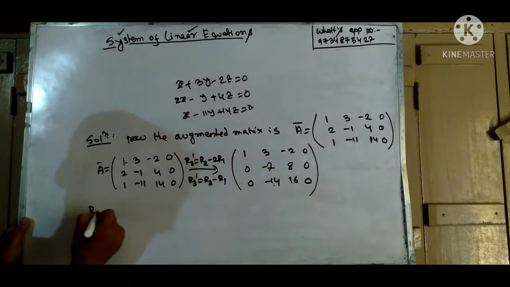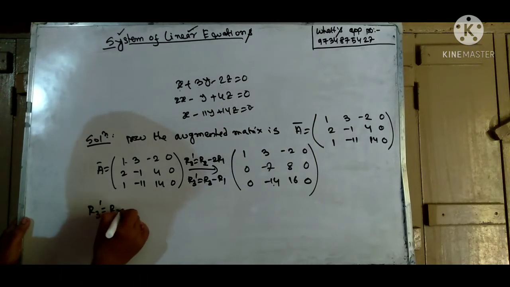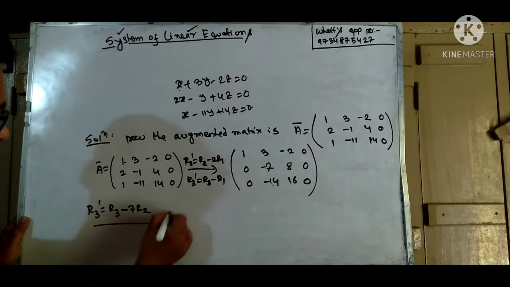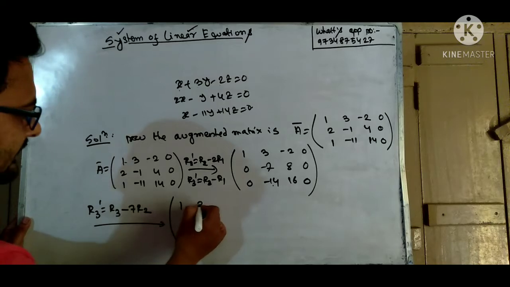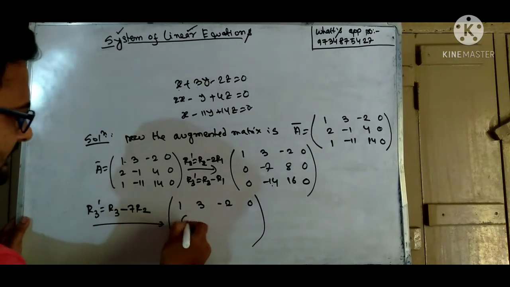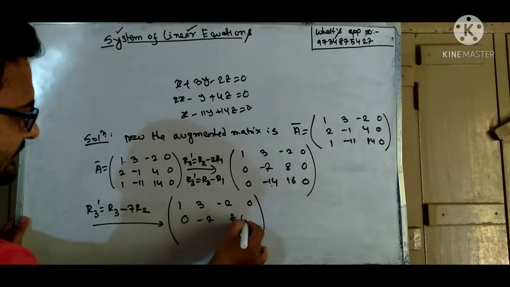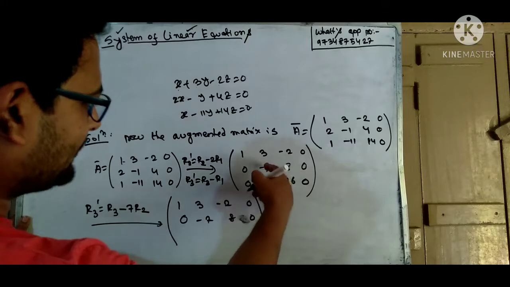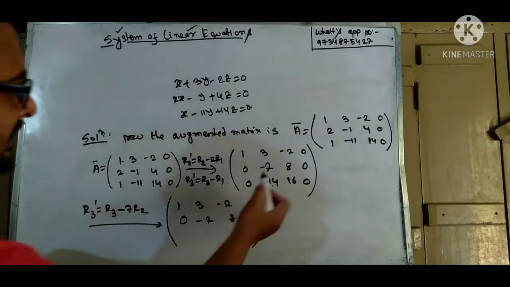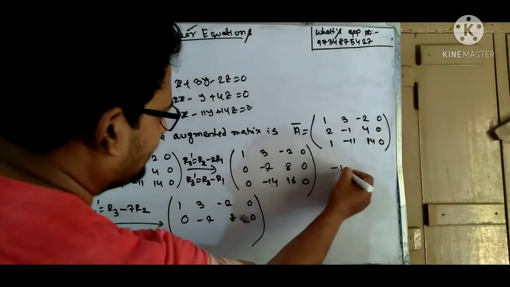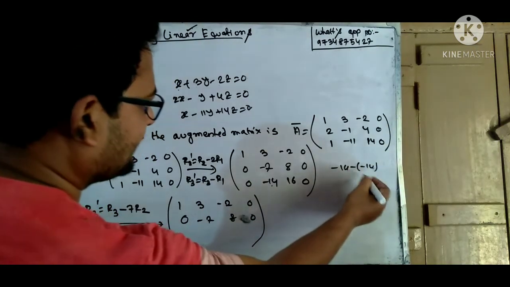Now R3' = R3 - 2R2. Then 1 3 -2 0, 0 -7 8 0, and multiplying this equation by 2 and subtracting from the third equation, here it becomes -14. If we subtract -14 minus (-14), that means 0.